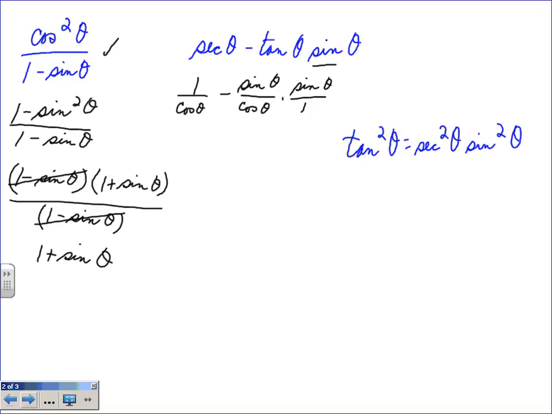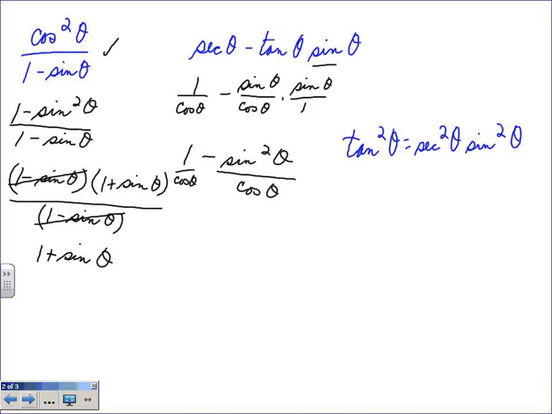Order of operations, you do your multiplying first. I have sine theta times sine theta, which is sine squared theta. 1 over cosine theta minus sine squared over cosine theta times 1.